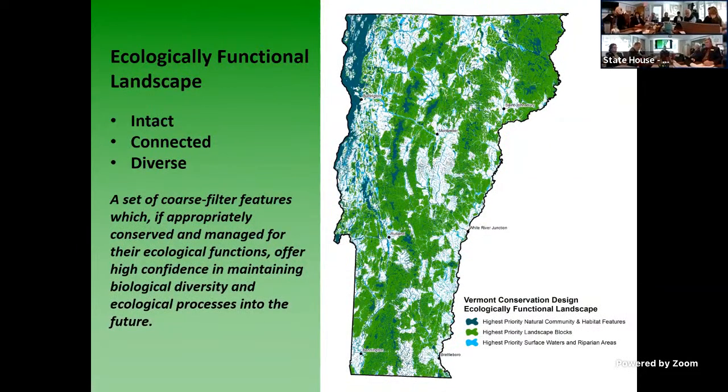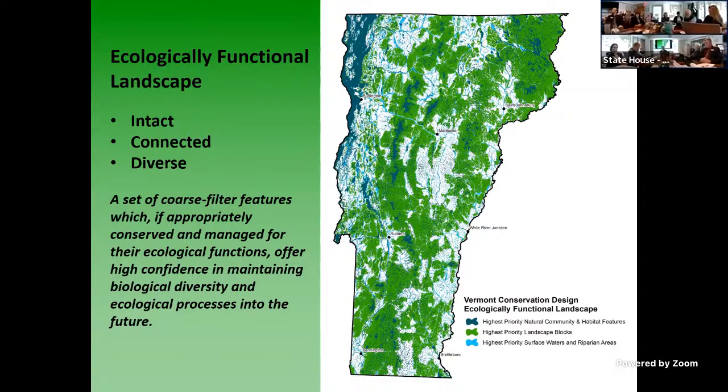So starting from the end, if we stack up all those coarse filters that came out of this assessment, this is the map of the ecologically functional landscape that we've developed. It's a landscape that's intact. It has intact functioning ecosystems. It's connected. You can follow pathways through this landscape, and it's diverse.